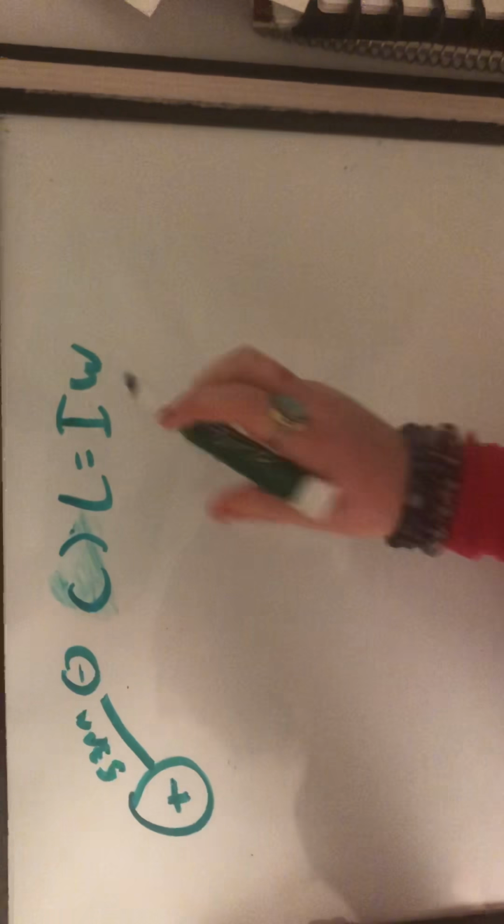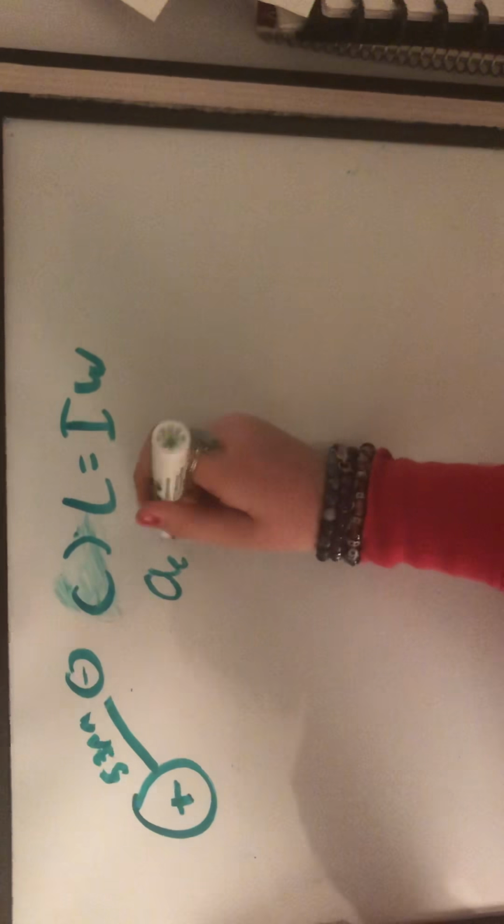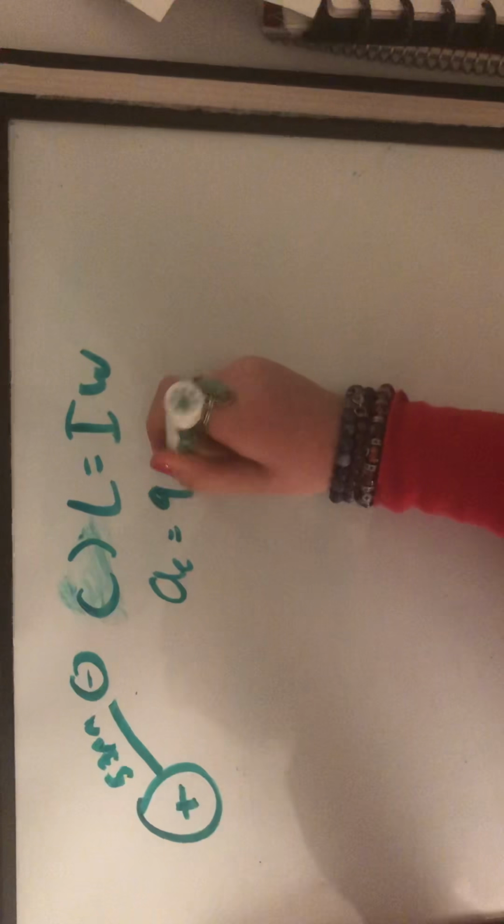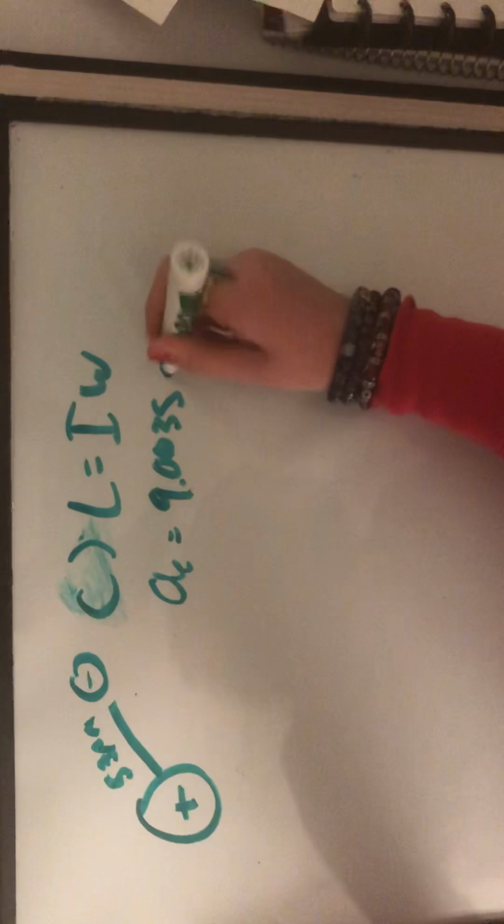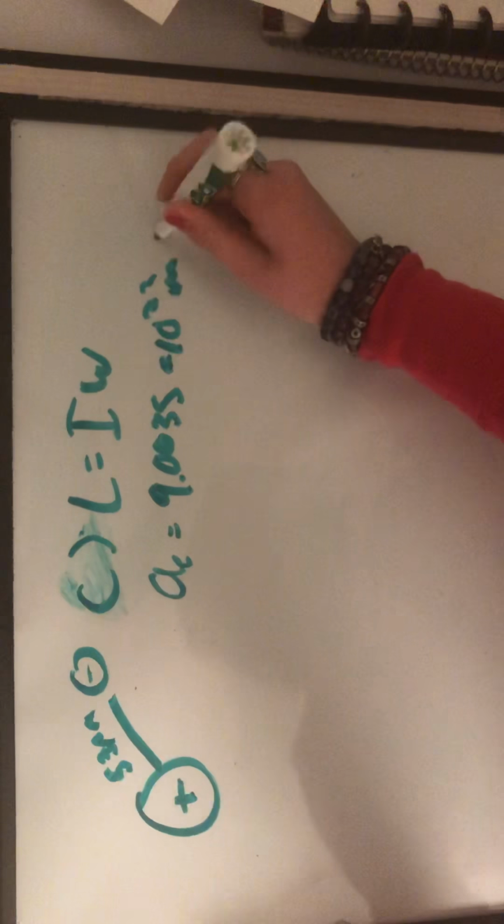And then from the previous question, we got the acceleration of the electron, which is equal to 9.0035 times 10 to the 22 meters per second squared.